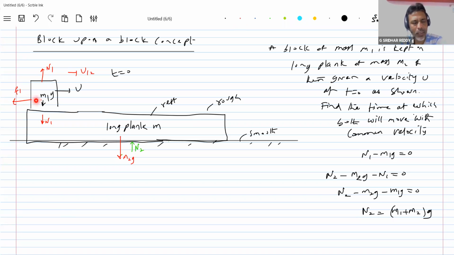Similarly, what is u21, the velocity of the plank with respect to the block? u21 should be in this direction. I'll show it here, in the corner. In what direction should the friction be? Opposite to the relative velocity. So the friction on the plank will act in this direction.